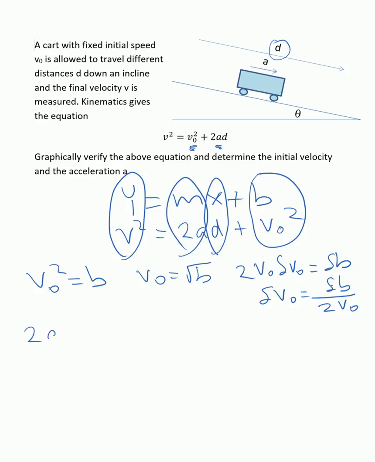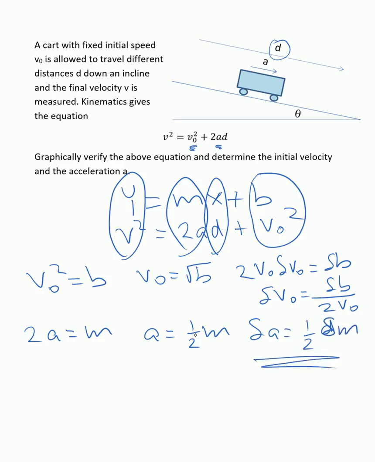We also find that 2a is equal to the slope, or a equals 1/2 of m, and delta a is 1/2 delta m. Okay? So from the graph, we can in fact get the initial velocity and the acceleration. We just have to be careful that when quantities are squared or cubed or square rooted, we plot those quantities to get the straight line.